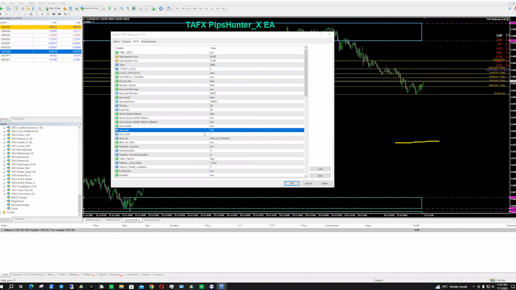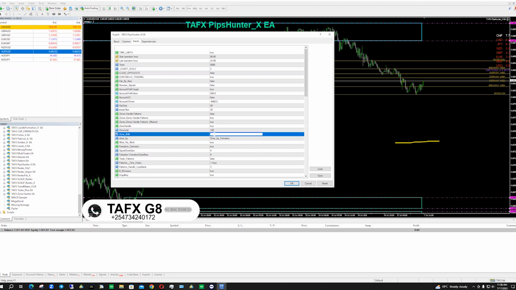The difference with when we are using the key zone is that we don't want our EA to enter in the middle of the game. But now, because maybe your account is good and you want to trade high and low, low and high, this is why you will set 100 here.